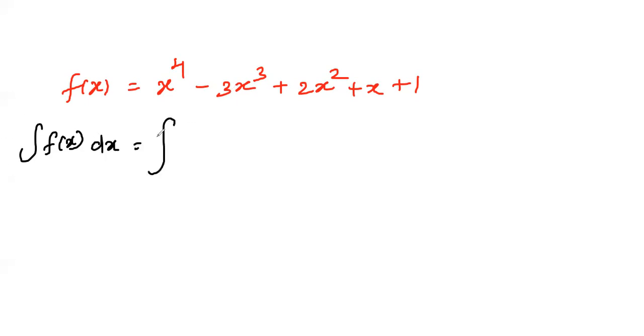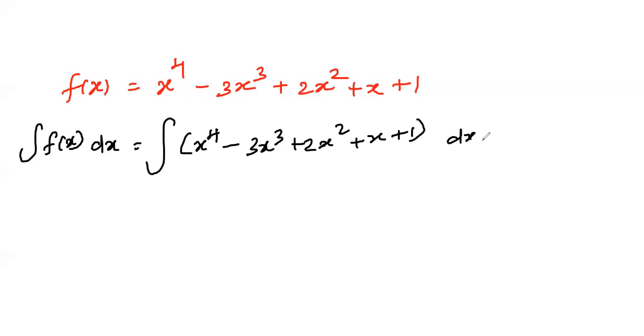I'm just copying the f of x. This integration supports the distributive property, so you can distribute them into pieces like how we solved in the differentiation. Just split each and every term.